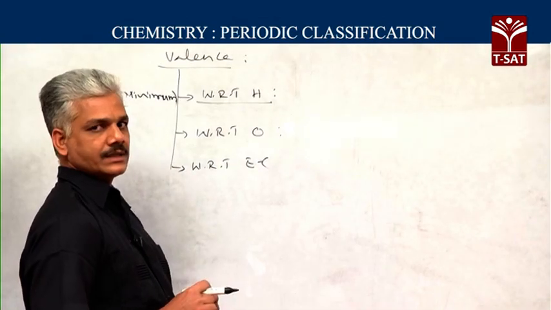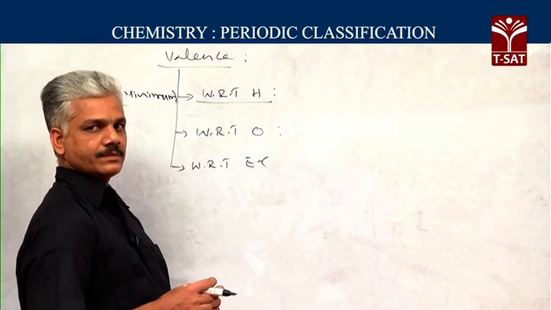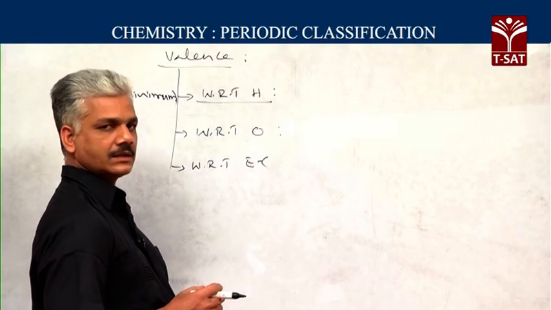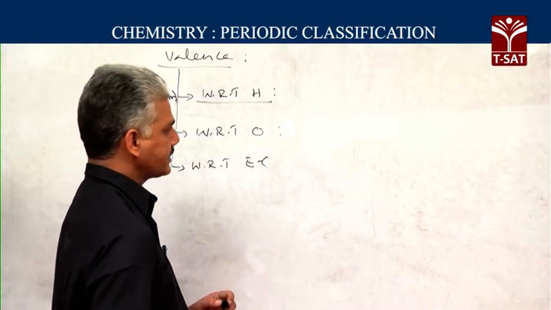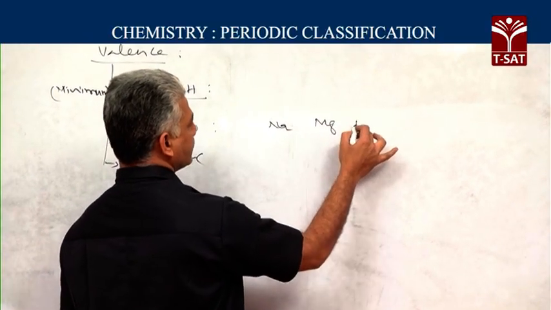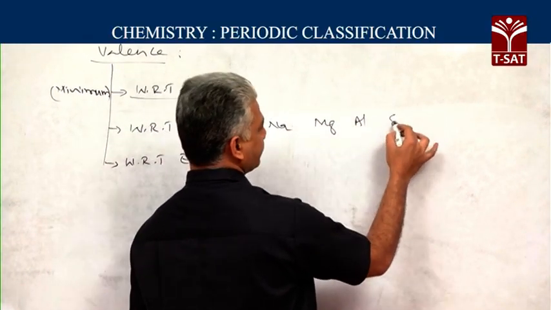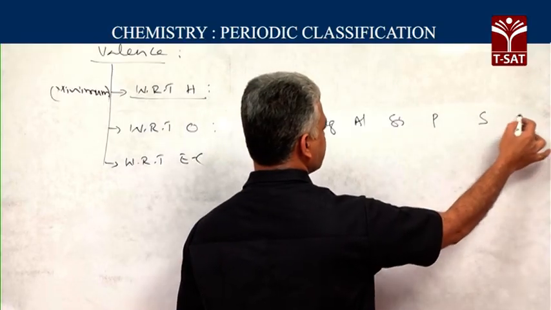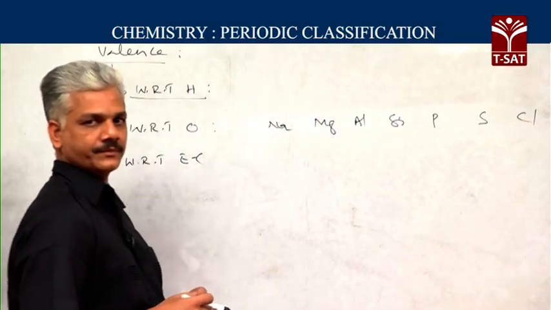In order to understand the valency with respect to oxygen, let us consider elements present in third period. Sodium, magnesium, aluminum, silicon, phosphorus, sulfur and chlorine.